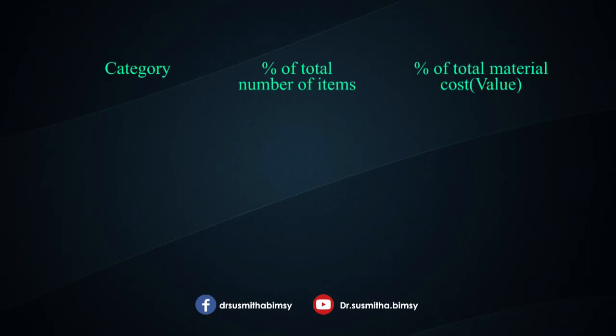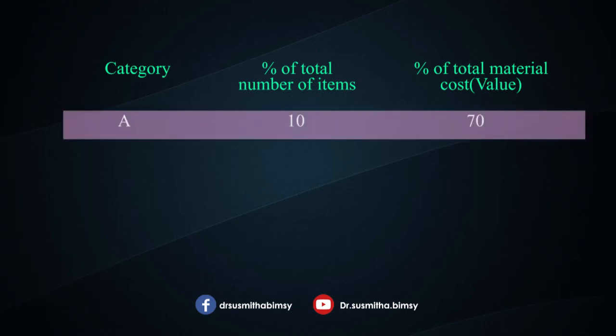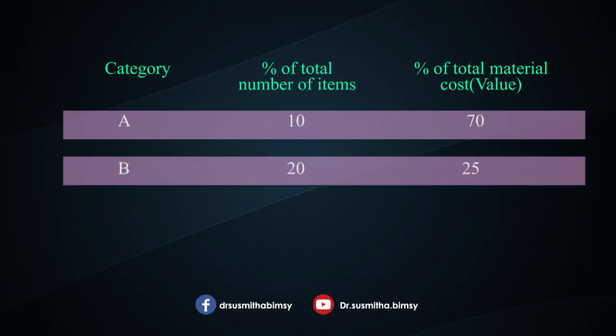See, here category A material represents 70% of the material cost or material value, but it constitutes only 10% of the items or quantity. These are high value materials. And category B material represents 25% of the total material cost, and it constitutes 20% of the material items, that is middle value materials.